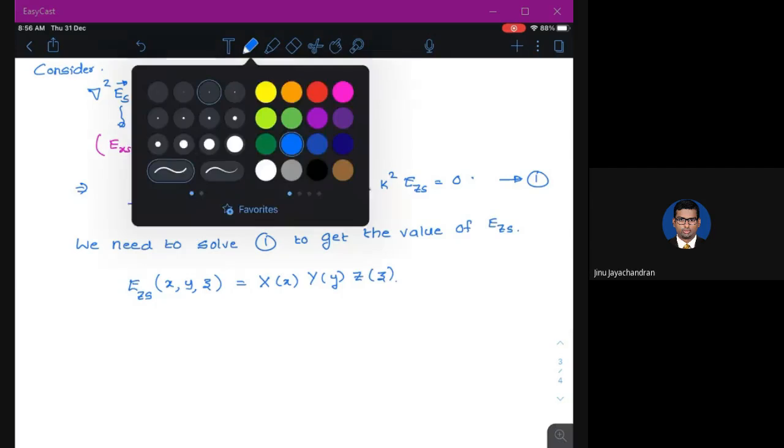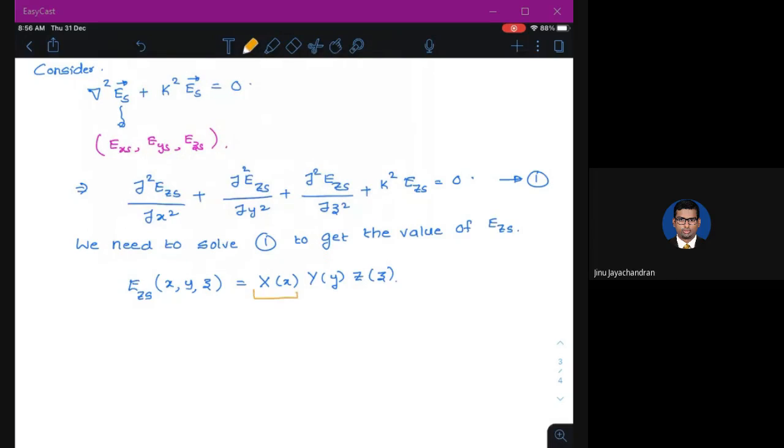So X(x) is a function of x, Y(y) is a function of y, and Z(z) is a function of z.